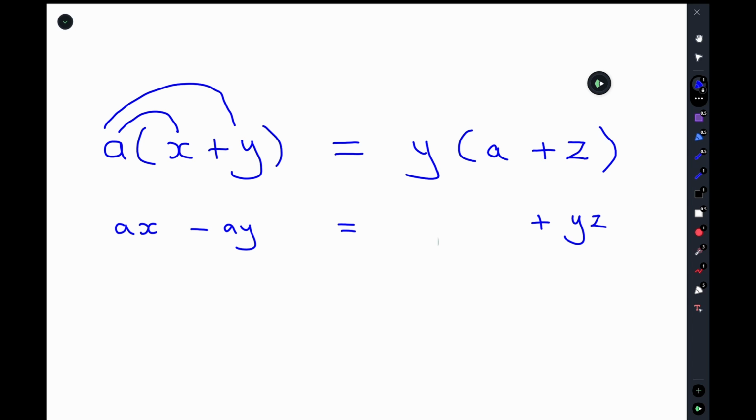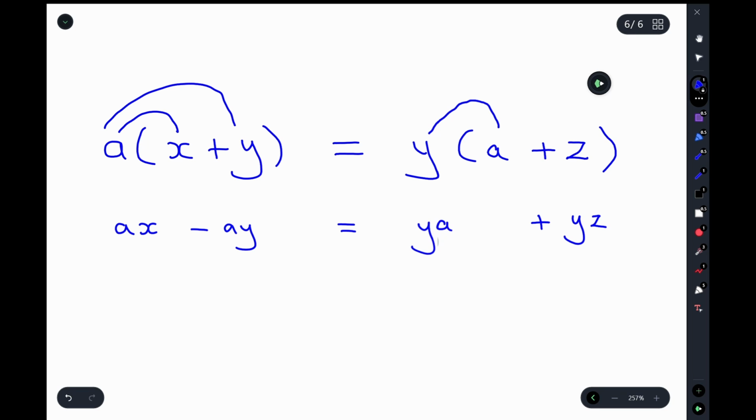Now, let's say we did not put terms in alphabetical order. So for example, on the right hand side, when I multiply y times a, I get ya. Now there's nothing wrong with that. Right? There's no need to put things in alphabetical order, but it'll make your life a lot easier.